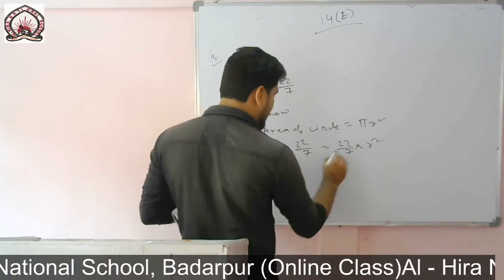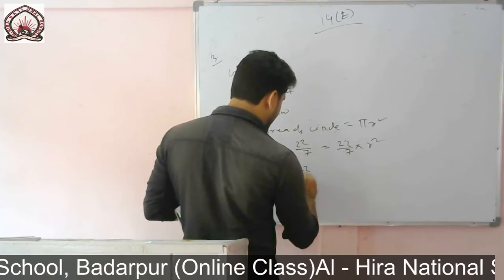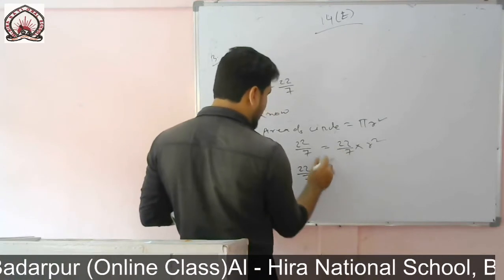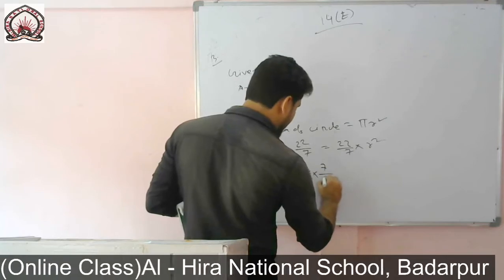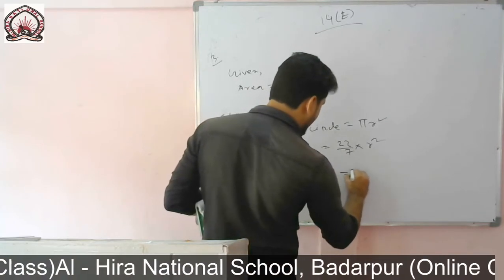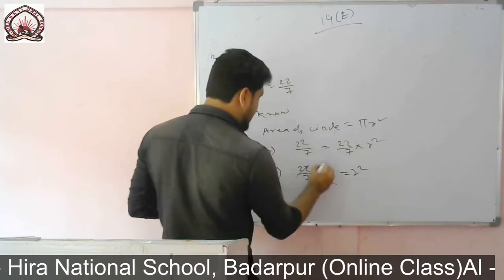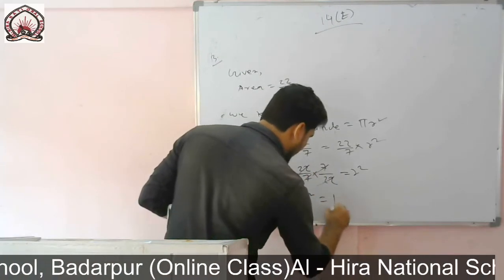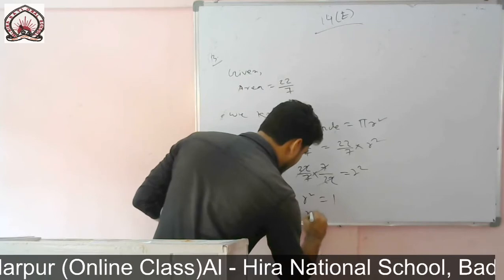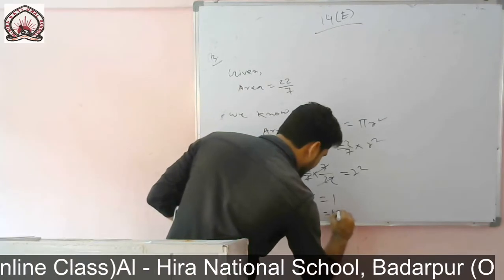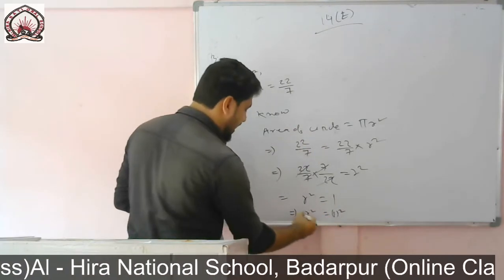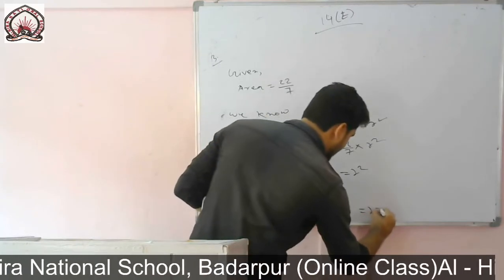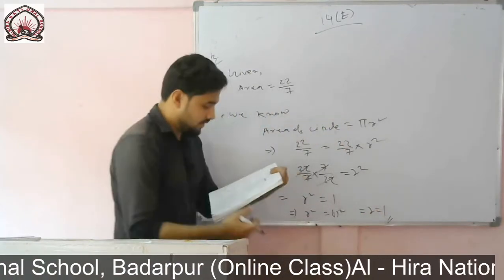If you interchange, 7 by 22 into 22 by 7 equals r square. Now you can cancel. You get r square equals 1, and 1 square means again 1. So cancel the square, and you get r equals 1.